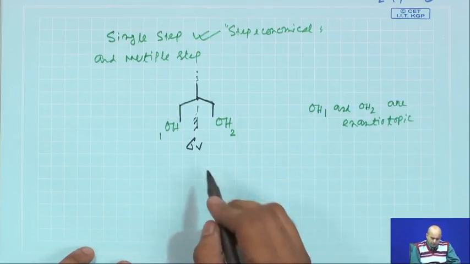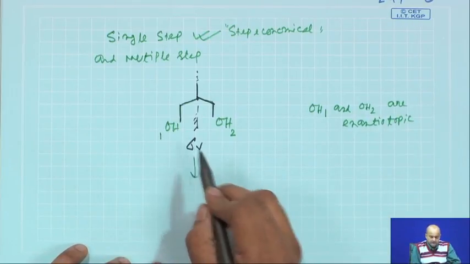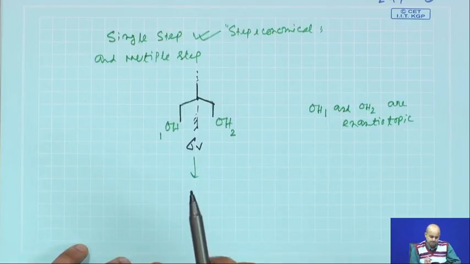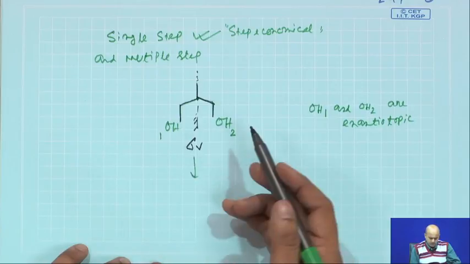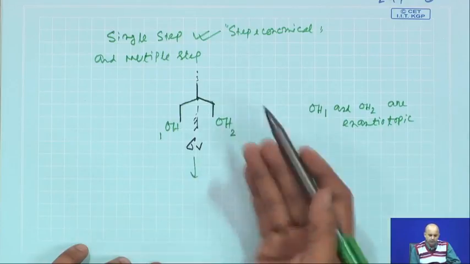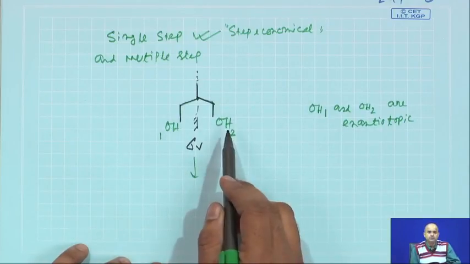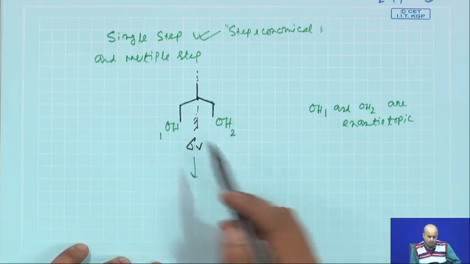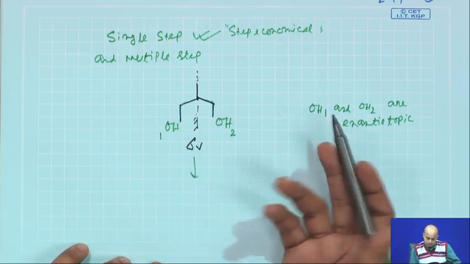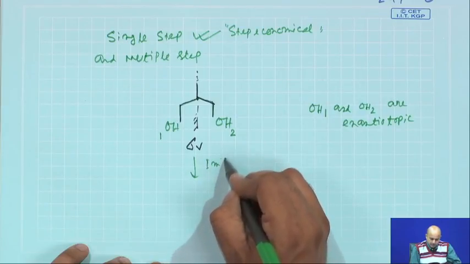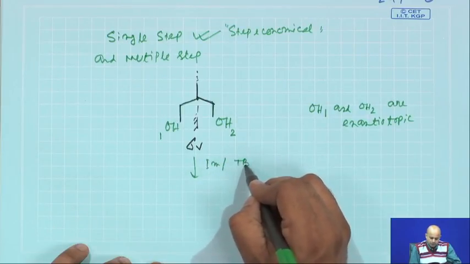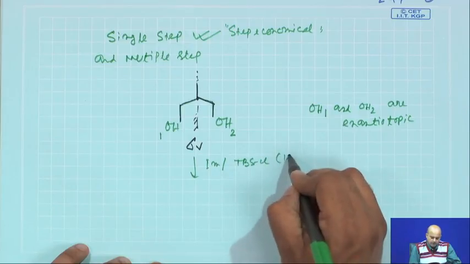Fine. Now, I am asking whether there is a way you can desymmetrize the molecule. You say that definitely, sir, it is possible. You have both the OH groups, so why don't you do a selective protection of one of the OH? The protecting group chemistry all of you have already learned. So, what you do is use stoichiometric imidazole and, let us say, TBS chloride, 1 equivalent.